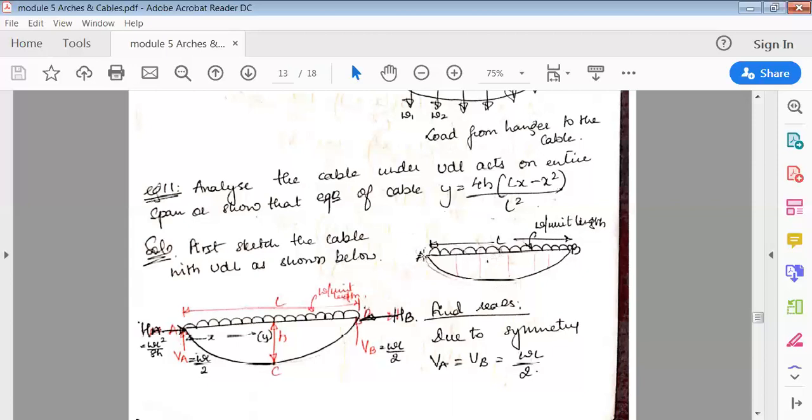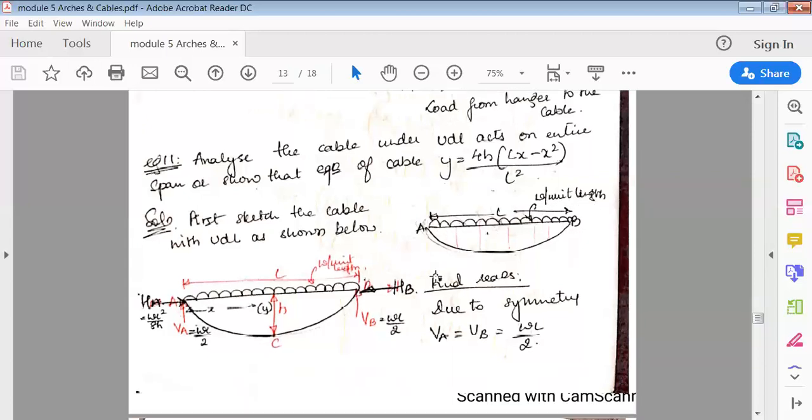Okay, so this is A and B, and they've told there is a UDL acting on the span. The UDL is W per unit length. This length is L, and the UDL is W per unit length. Okay, so after drawing the sketch, again things are as usual. We'll find all the reactions.